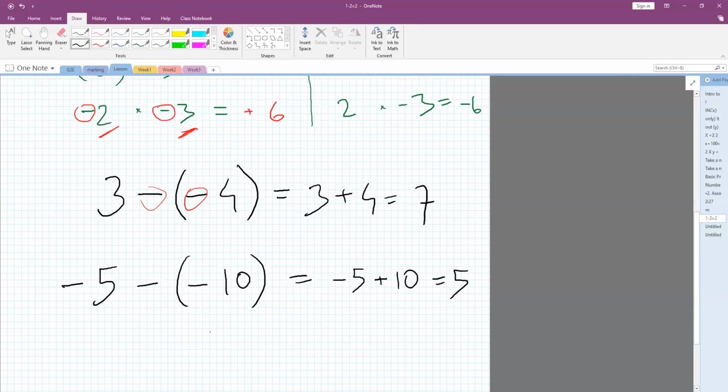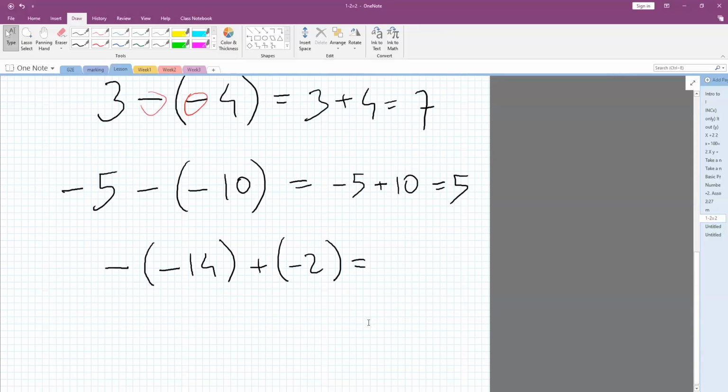Okay, this is the last one. -14 plus -2. What does this minus mean?